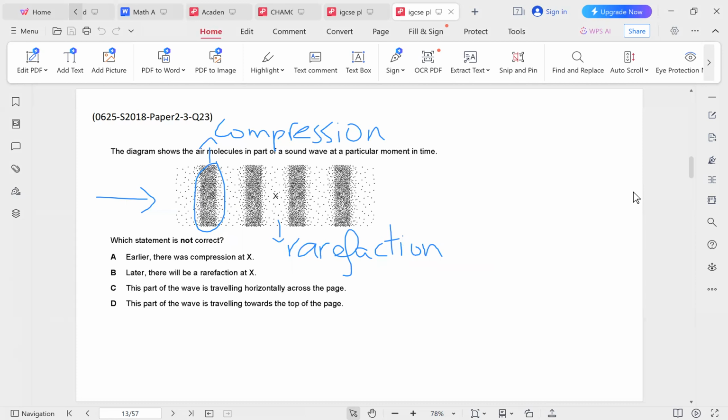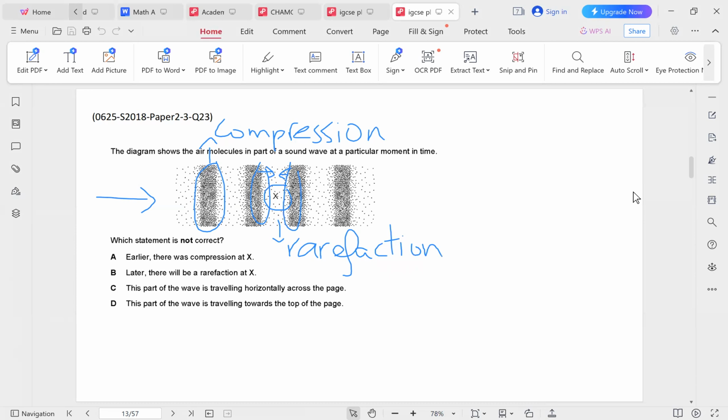And since the wave is traveling and there is a change with time, we can definitely assume that earlier in X, there was a compression, because some of these particles will move to the right, some of these particles will move to the left maybe, and this will create a compression at X. Later, there will be a rarefaction, followed by another compression, followed by another rarefaction.